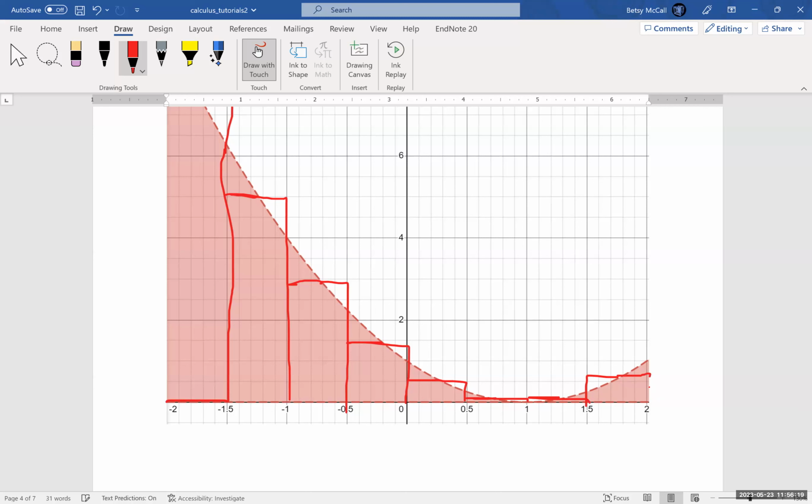But as you can see, it tends to be partially an underestimate and partially an overestimate in each rectangle. And so that means that it's probably going to get a slightly better approximation, regardless of the direction that the function is going in, than either the right-hand rule or the left-hand rule.